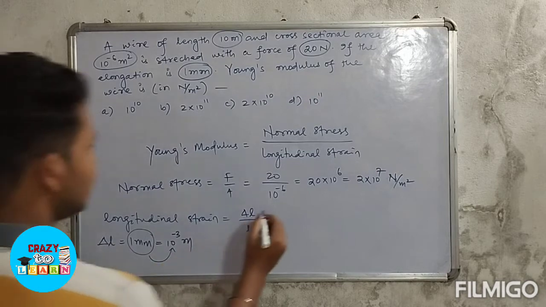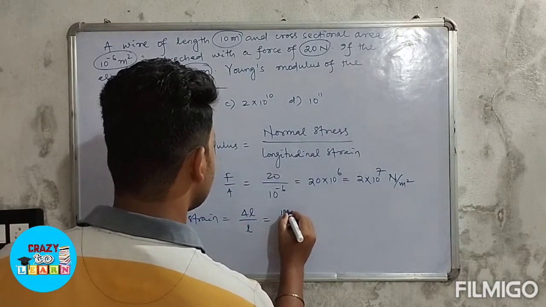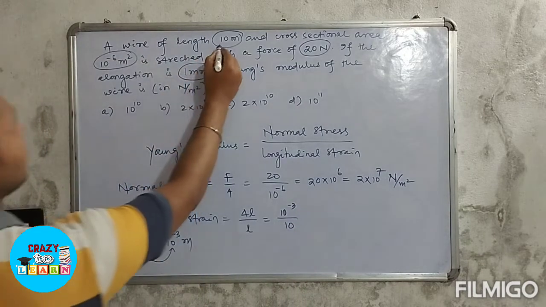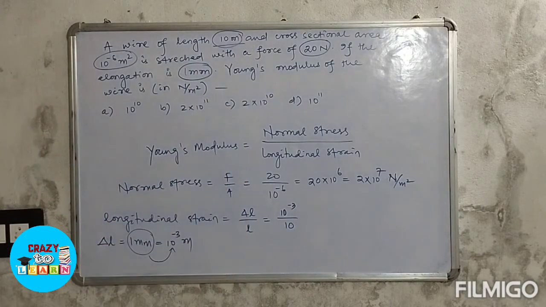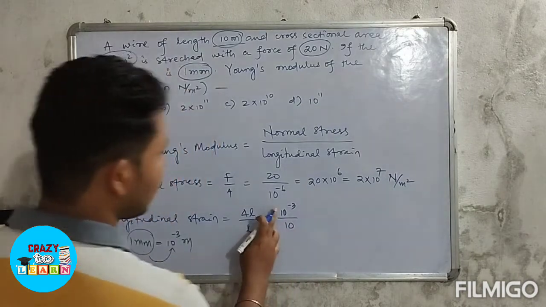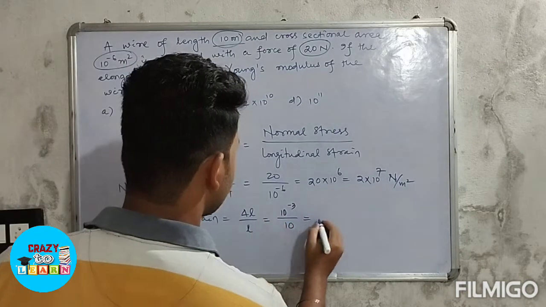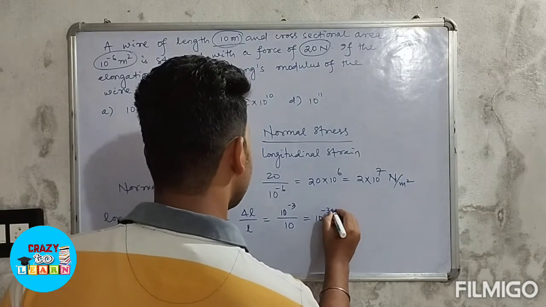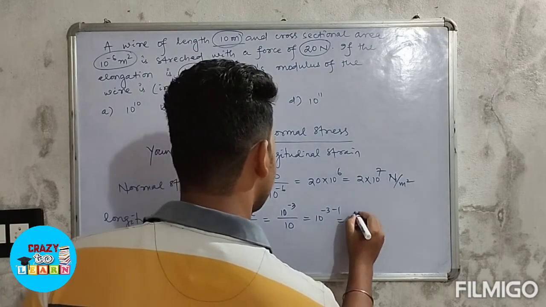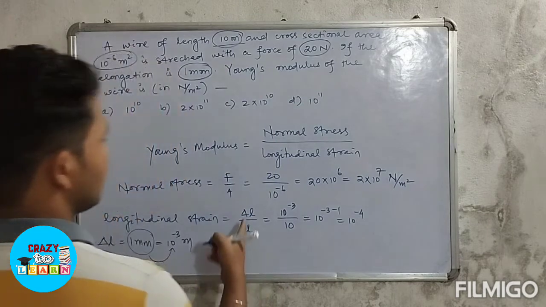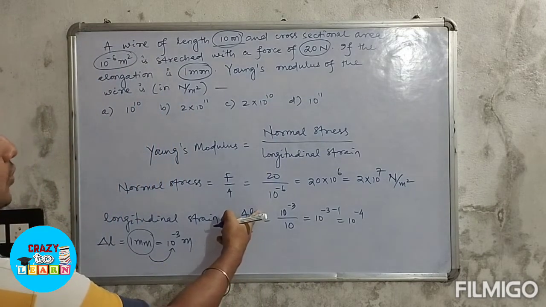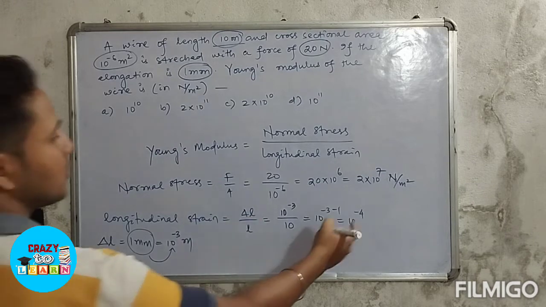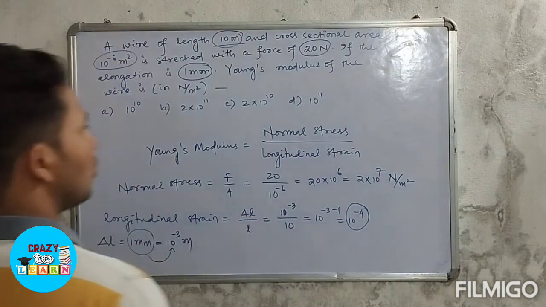So del L is 10 to the power minus 3 divided by the original length, 10 meter. When we take the 10 to the numerator, we get 10 to the power minus 3 minus 1, that means 10 to the power minus 4. The change in length unit is meter and the original length unit is meter, so meter divided by meter, so longitudinal strain has no unit.